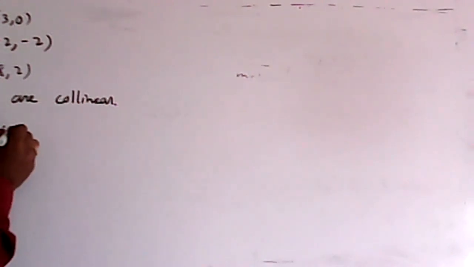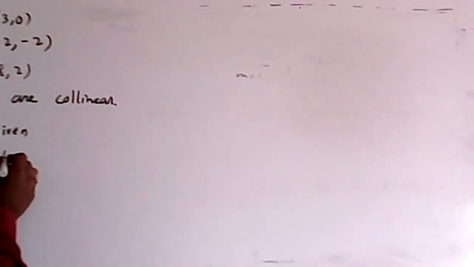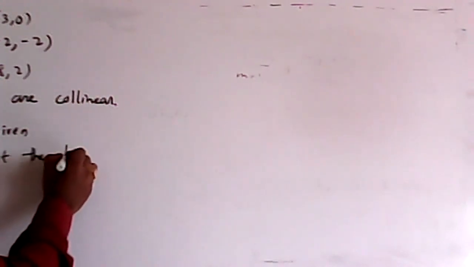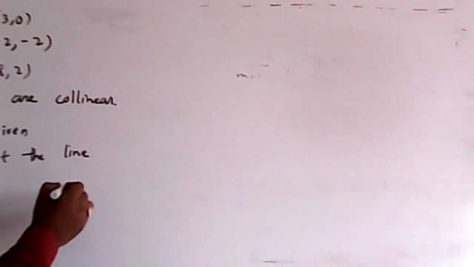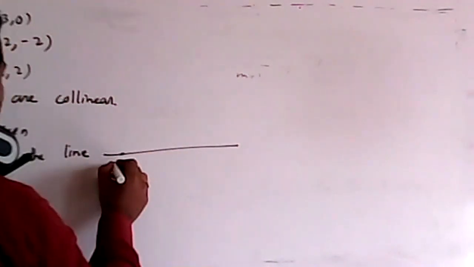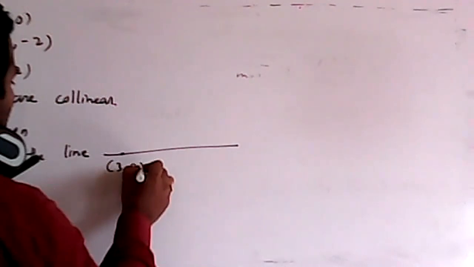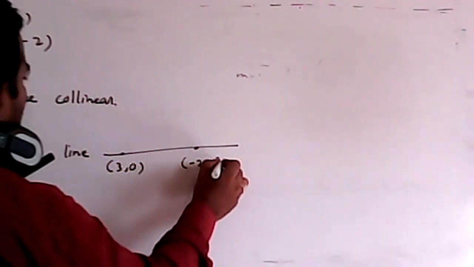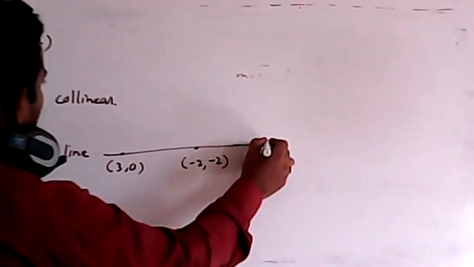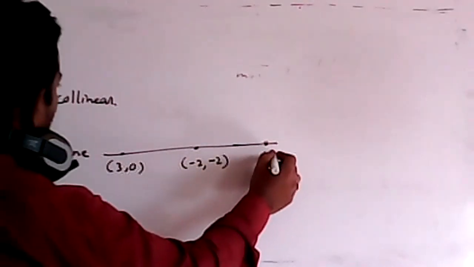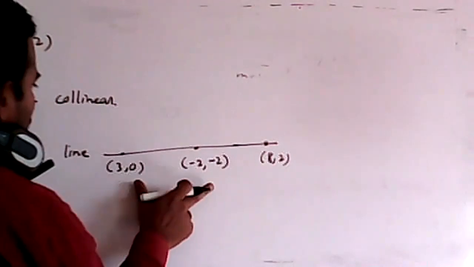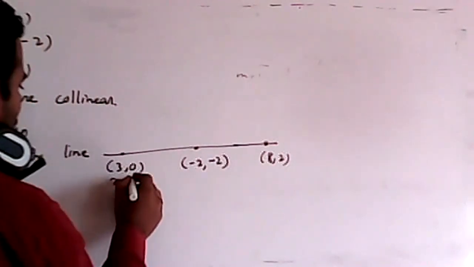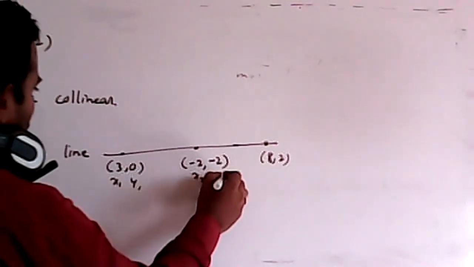By given, let the line pass through, simply I will take, I don't know whether it is really collinear or not, 3 comma 0 and minus 2 comma minus 2. Let me find these two, okay? Call this x1, y1, x2, y2.